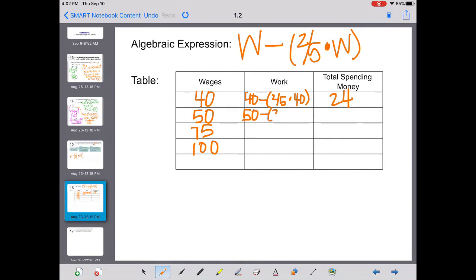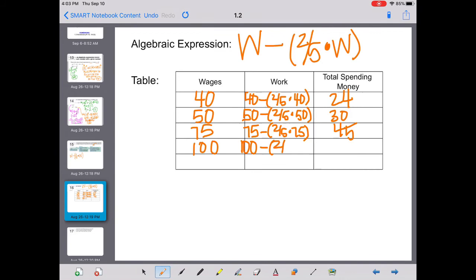Next, we have 50 minus 2/5 times 50. 2/5 of 50 is 20. And when I subtract 20 from 50, I'm left with $30 of spending money. 75 minus 2/5 times 75. 2/5 times 75 gives us 30, and 75 minus 30 leaves us with $45 spending money.